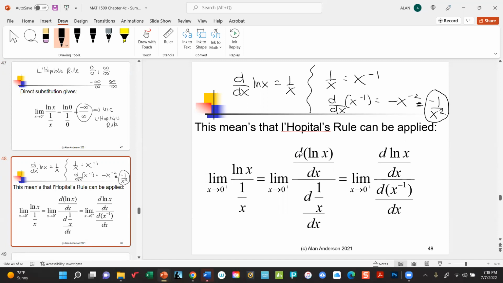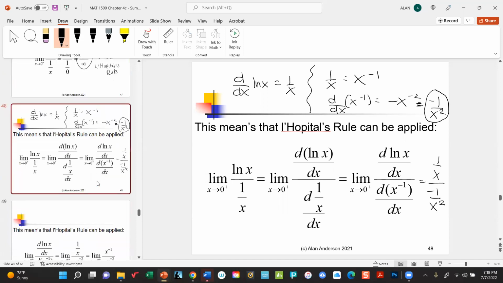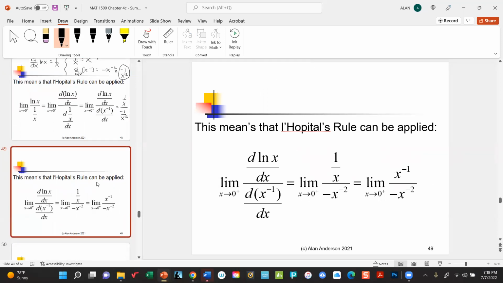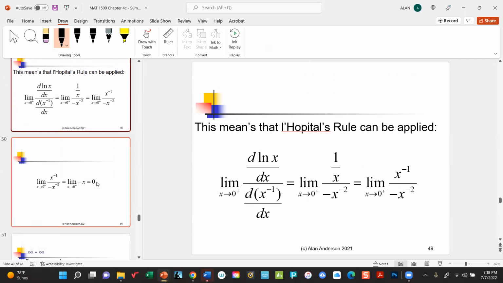So that means when we are done, we want to simplify that. 1 over x is x to the minus 1. Here, I've rewritten it as x to the minus 1 over minus x to the minus 2.